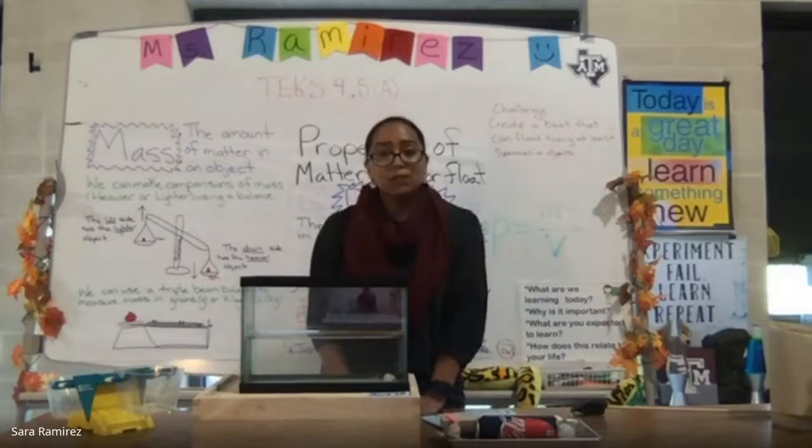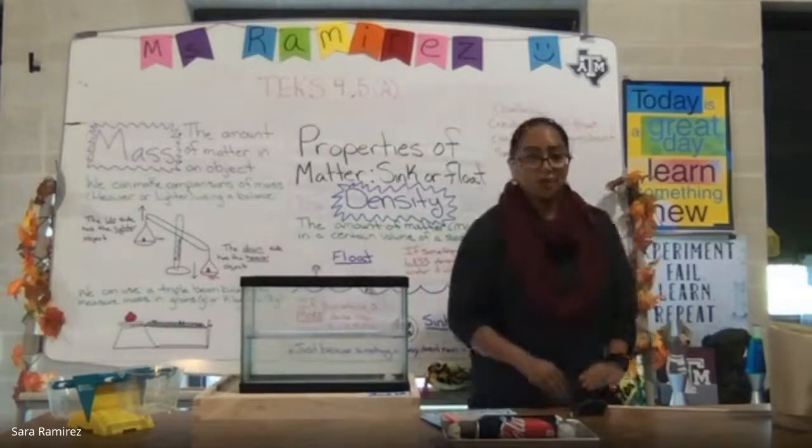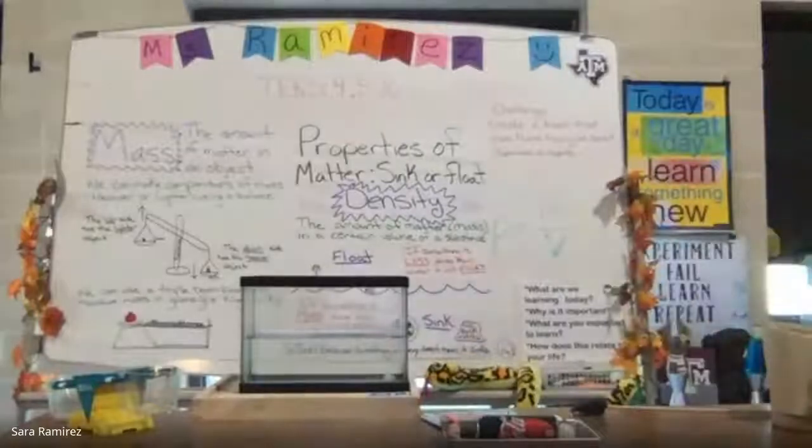We're going to give it back to Mr. Broughton, and he's going to answer any questions that you might have about mass and density. All right, thank you, Mr. Ramirez. We did have one question, which is, I saw an aluminum can float. Would an aluminum cube float in water?